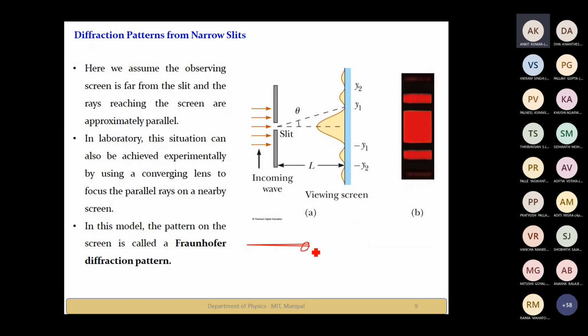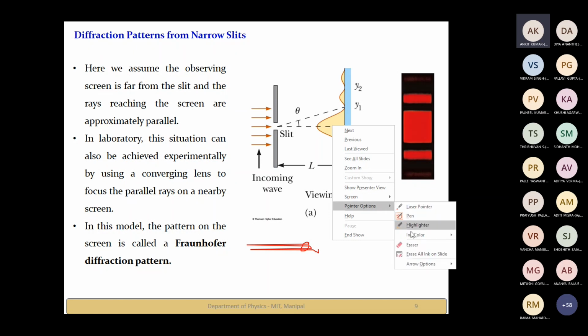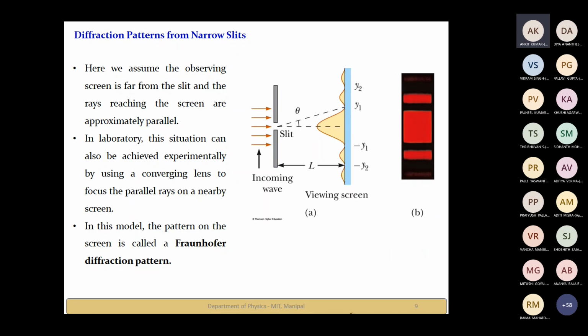So A we were talking about was very less than lambda. Now the width of the slit, just for reference, is comparable or even greater than lambda. So that is a small modification we are going to do.